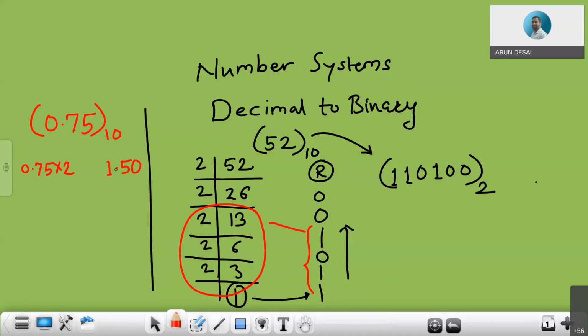Then again consider the value after the radix or decimal point, and that is 0.50. Right, multiply that again by 2. That is 1.00. Right, so it is 0 now.